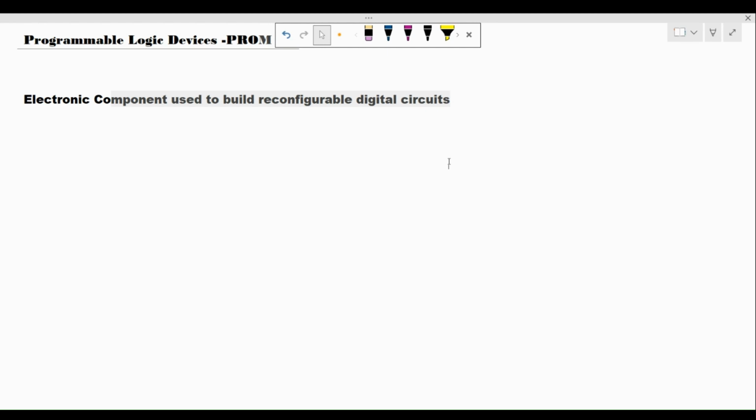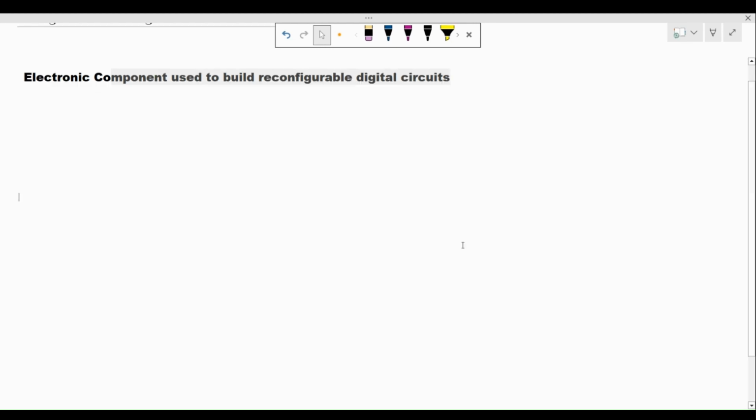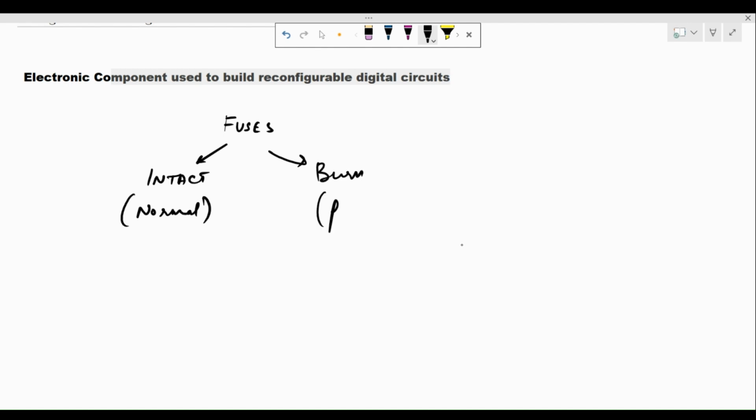The internal connection of the PLDs is configured by the programming process. The simplest technology used for programming PLDs is with the help of fuses. The fuses can either remain intact, which is the normal condition, and if you want to program it, we need to burn these fuses, which means that it has been programmed.